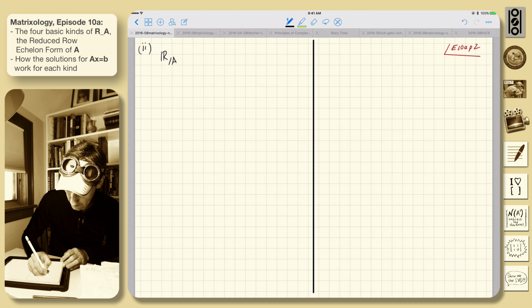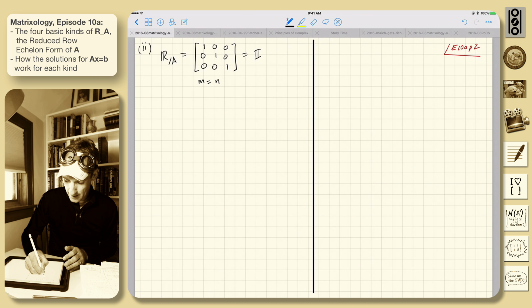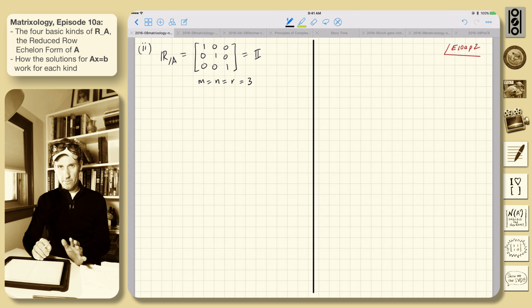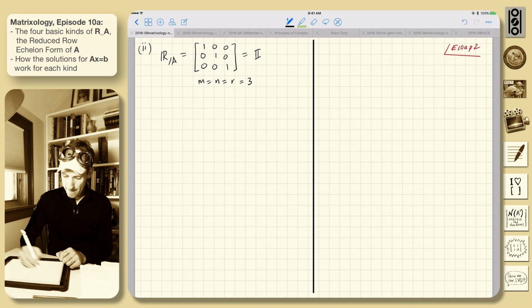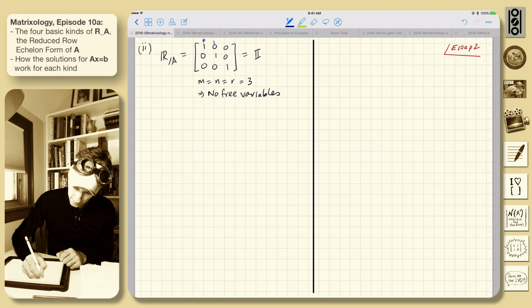This is RA. Let's imagine it is a case where it's square and we do our row reduction, we get the identity matrix. So this is M equals N equals R equals 3. No free variables. If we look at these columns, they are all pivot, pivot, pivot.